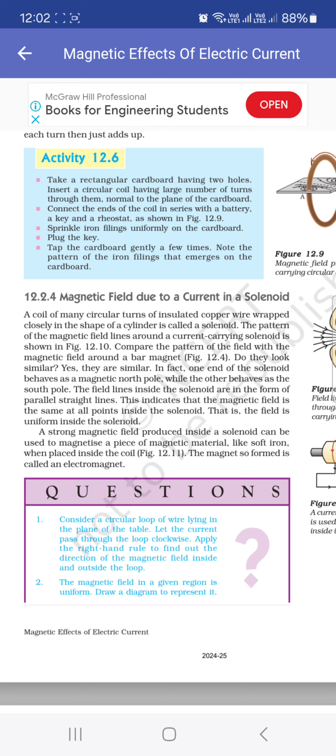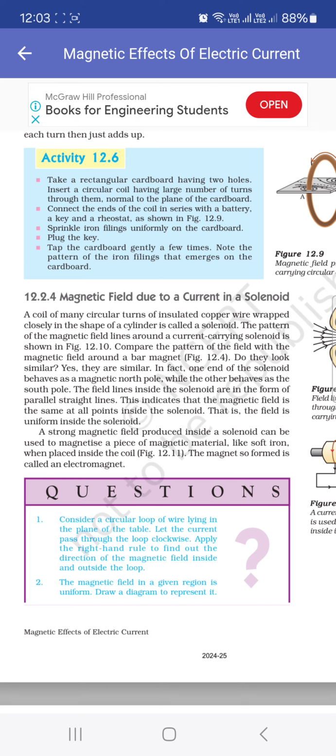A strong magnetic field produced inside a solenoid can be used to magnetize a piece of magnetic material like soft iron when placed inside the coil. The magnet so formed is called an electromagnet. It is a temporary magnet.